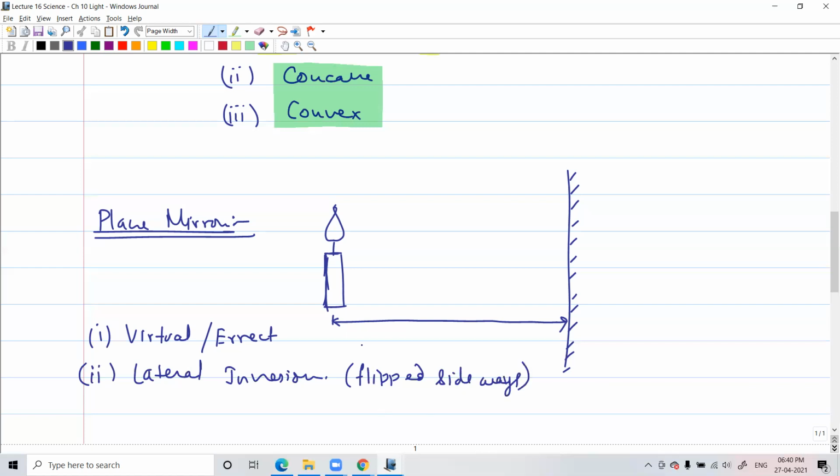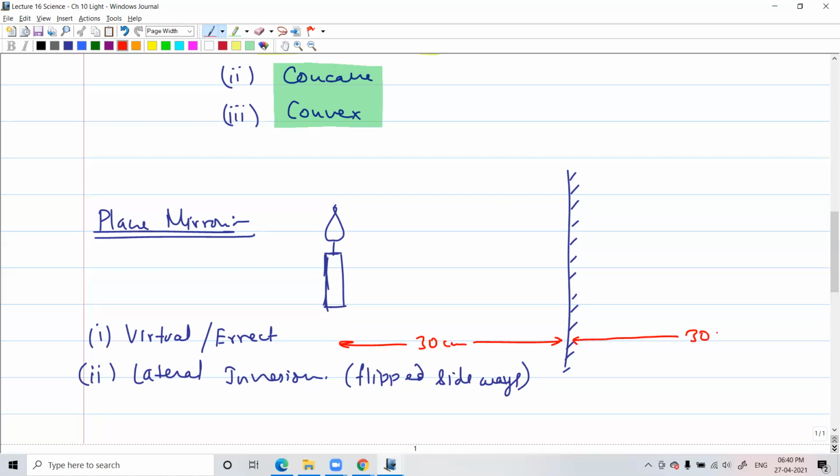Okay, what else? What about the distance of the image? Where is the image formed normally? Is it in front of the mirror? Behind the mirror. Yes, image is always formed behind the mirror. And how far? Let's say if this object is 30 centimeters in front of the mirror, where do you think the image will be?